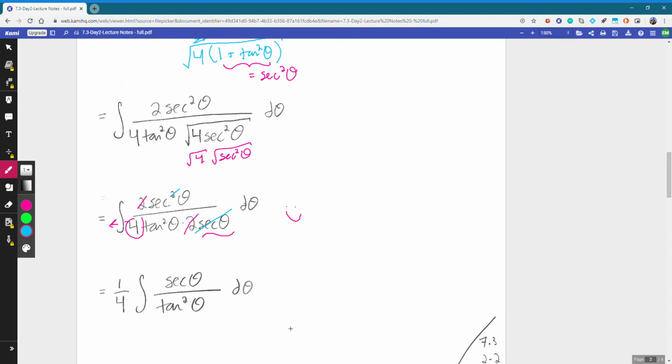And so staring at this, maybe there's some things we could try. There's a tangent squared in the bottom. Maybe we could think about a u sub at this point. Like maybe u equals tangent.